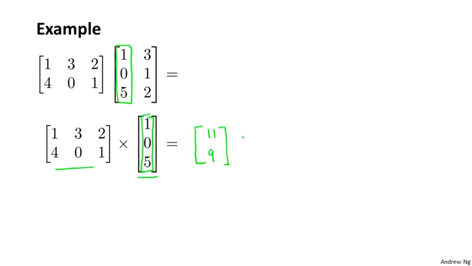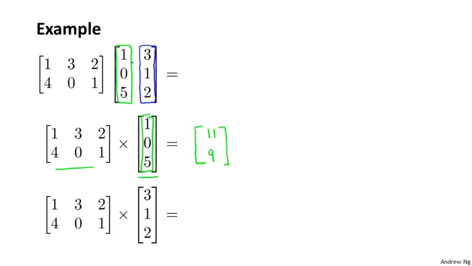Then the second thing I'm going to do is pull out the second column of the matrix on the right, and take the matrix on the left and multiply it by that second column. Again, this is a matrix vector multiplication step, and if you multiply this matrix and this vector, you get 10, 14.